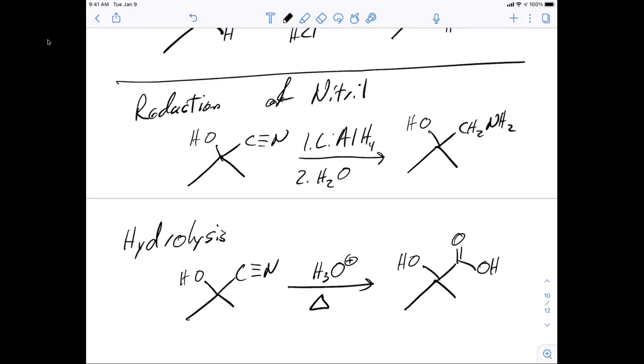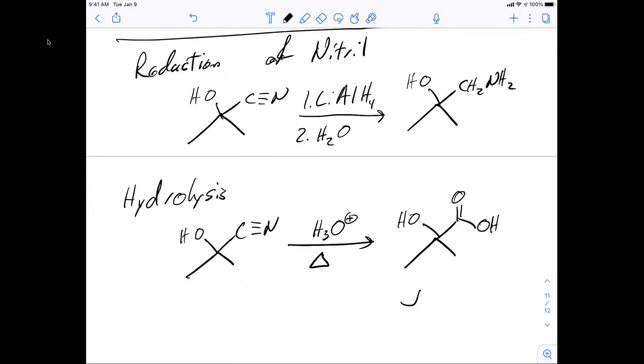As we'll see in the next chapter, nitriles are part of the carboxylic acid derivatives, because I can hydrolyze those to get to the carboxylic acid. Now this is an alpha hydroxy acid, right? A carboxylic acid.